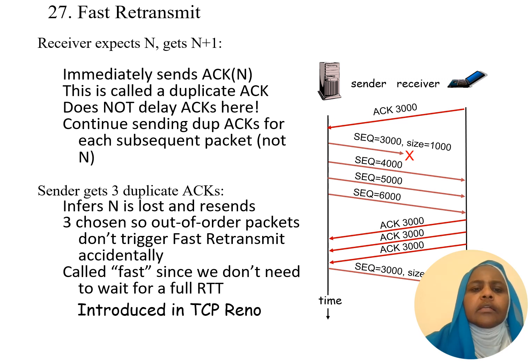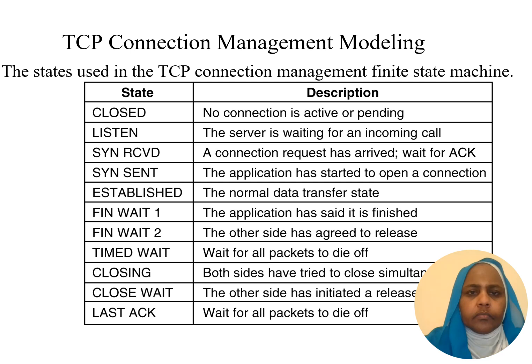After the sender receives three consecutive acknowledgements for 3000, it will infer that the 3000 packet was lost and it will resend it. It's called fast retransmission because it doesn't need to wait for the whole round trip time. And this was introduced in TCP.